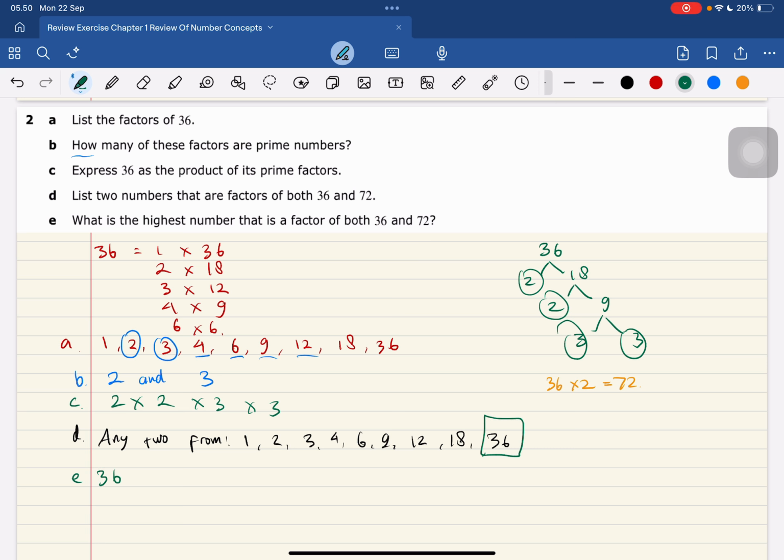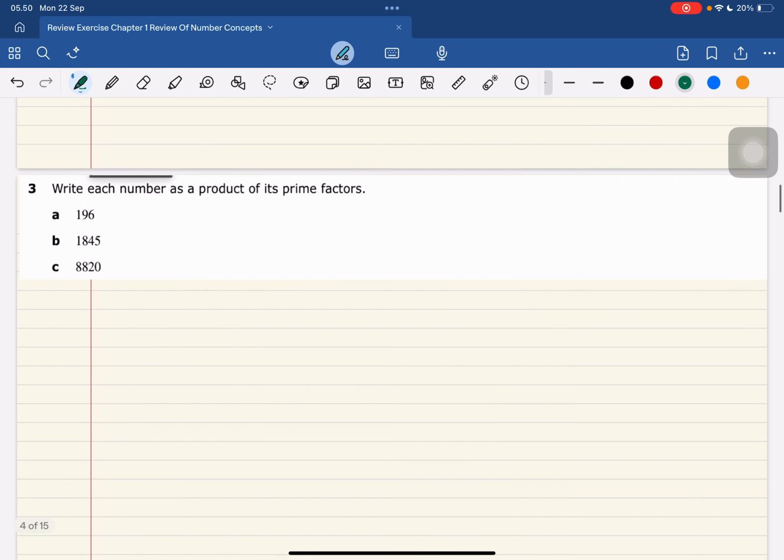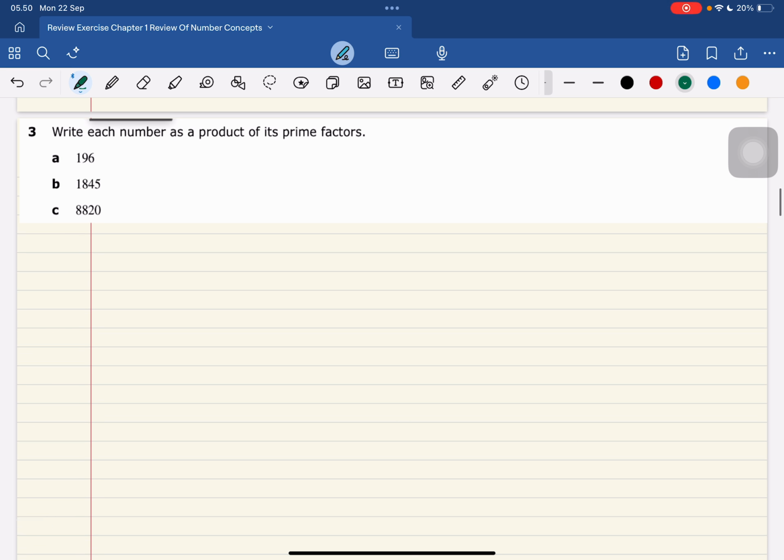Remember here, number 3. Write each number as a product of prime numbers. Okay, so we are going to use a factor tree. So 196. You can directly divide it by the lowest prime number, or you can divide by any number until the end has to be a prime number.